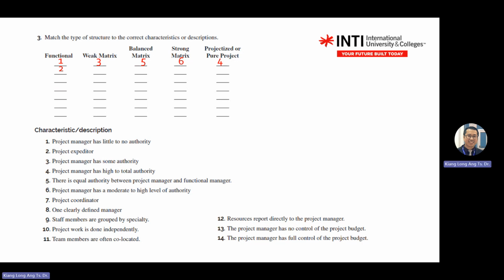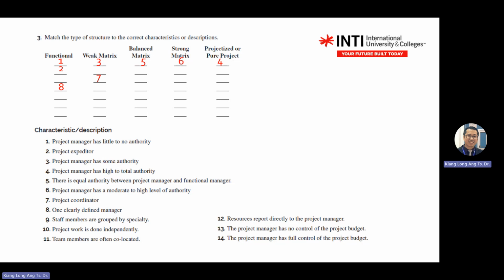Okay. Project coordinator is weak matrix. One clearly defined manager, but there's no project here. It's a manager, so it's functional.